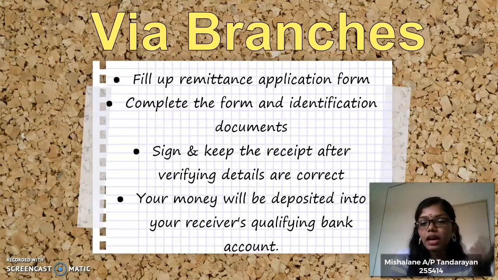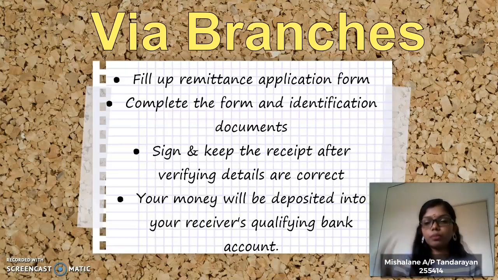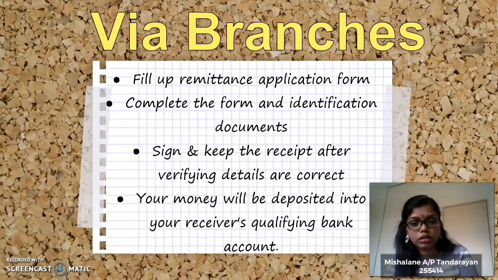When the banker has verified that the application form and the identification documents attached are correct and completed, you have to sign and keep it as evidence for you, and your money will be deposited to the receiver's qualifying bank account.